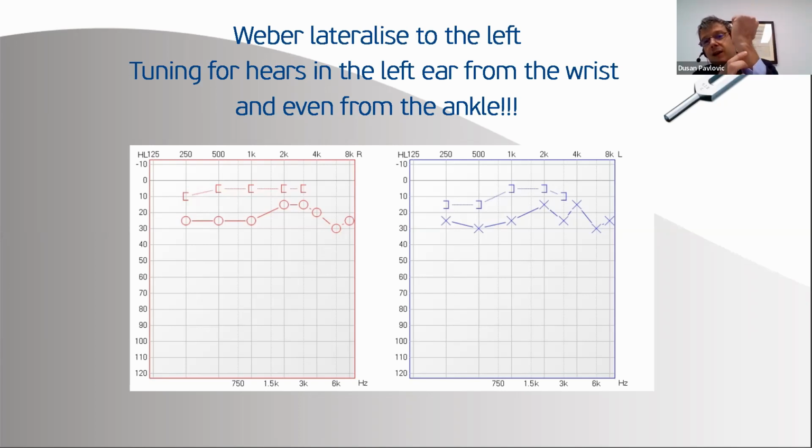For example, from a wrist, put it on a bone. Of course, everybody will feel vibration in the hand, but most normal ears can't hear a sound, while dehiscent ears frequently can hear a sound from distant places, since we know that bones are really good conductors for sound.